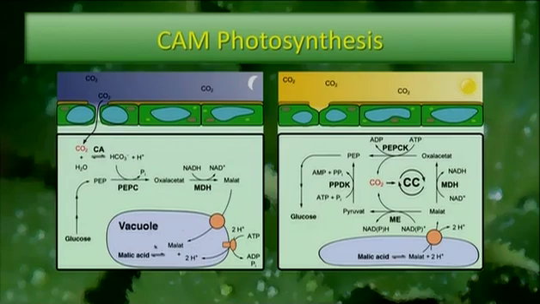So here you see the vacuole swollen with malate or malic acid, and water. Now during the daytime, the stomata close. Then the malate leaves the vacuole, and goes back to oxaloacetic acid, goes back to PEP, and then is used to do the Calvin cycle.